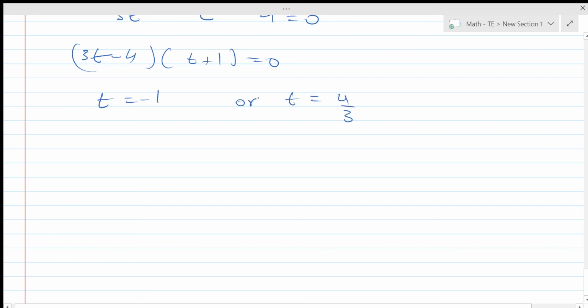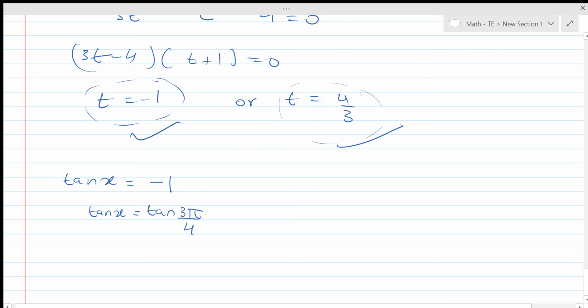Now, you can simply eliminate it here. Well, you see, tan is defined for this, tan is defined for this. We are good. We can solve both of them. So tan x is equal to minus 1. This is tan x is equal to tan of 3 pi by 4.